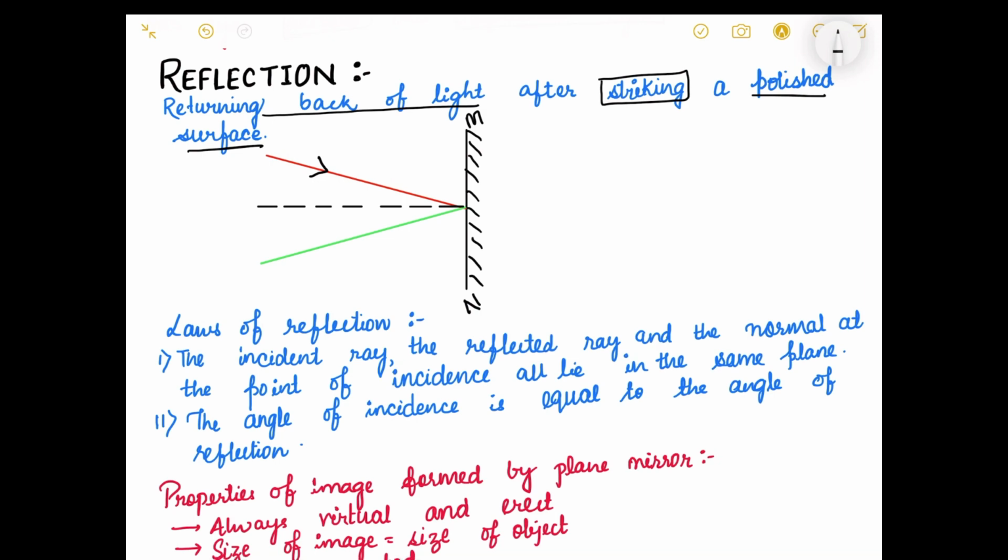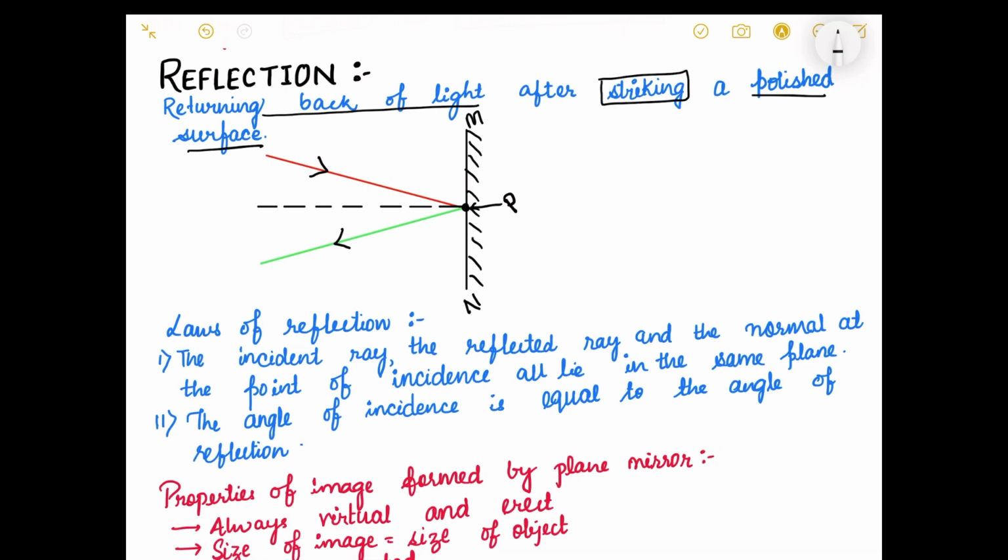So after falling on MN and striking MN at point P, the ray of light gets reflected, and to just distinguish between the ray of light incident on the surface and the ray of light reflected, I have taken it in a green color. So let this be the light which is reflected.